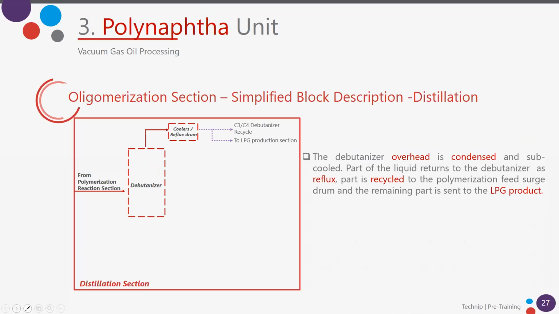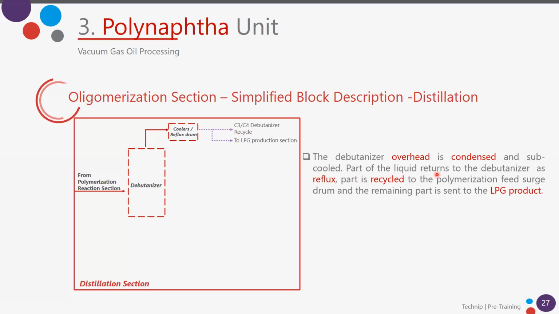The debutanizer overhead is condensed and cooled, and part of this liquid is where the recycle is coming from. We will mix it with the feed to the reactors, okay? It is to control the olefins content and of course the temperature in the reactors, okay?